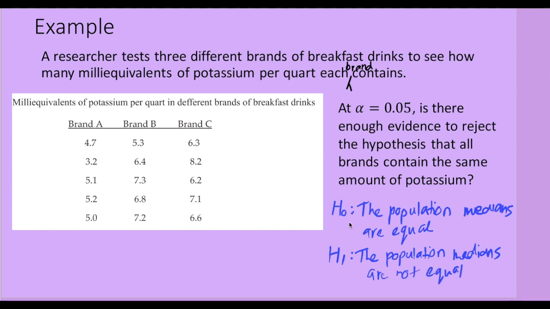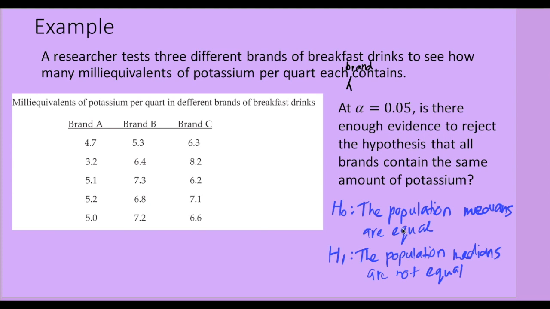Now, in this case, the null hypothesis could also be written as there is no difference in the amount of potassium contained in the brands. And the alternative hypothesis would be there is a difference in the amount of potassium contained in the brands. So you could do it that way, or you could write it as a constant for all Kruskal-Wallis tests.